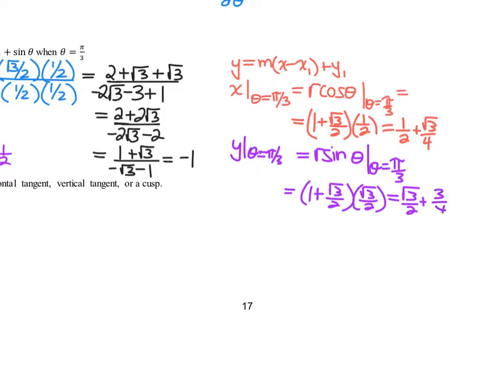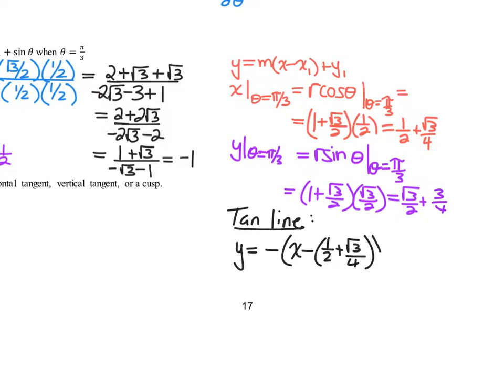So we have the slope, and we have the coordinate in its exact form. So our tangent line would be y equals negative 1 times x minus 1/2 plus root 3 over 4, plus root 3 over 2 plus 3/4.